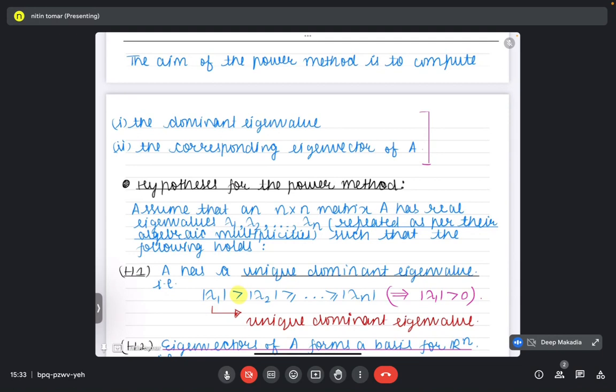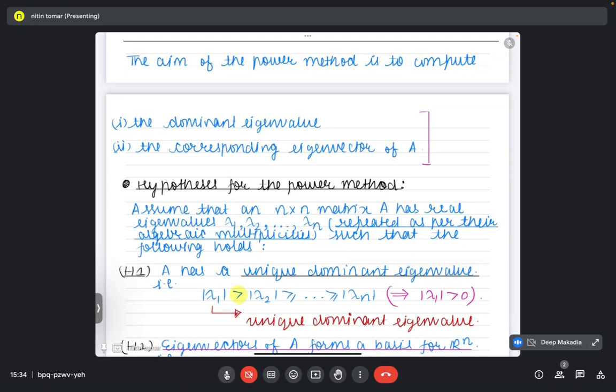Hypothesis for the power method. So we assume certain things. Now assume that the n cross n matrix A has real eigenvalues lambda 1, lambda 2, up to lambda n.